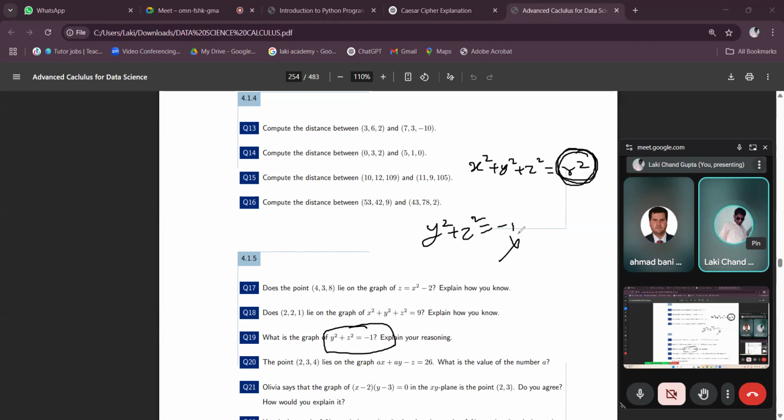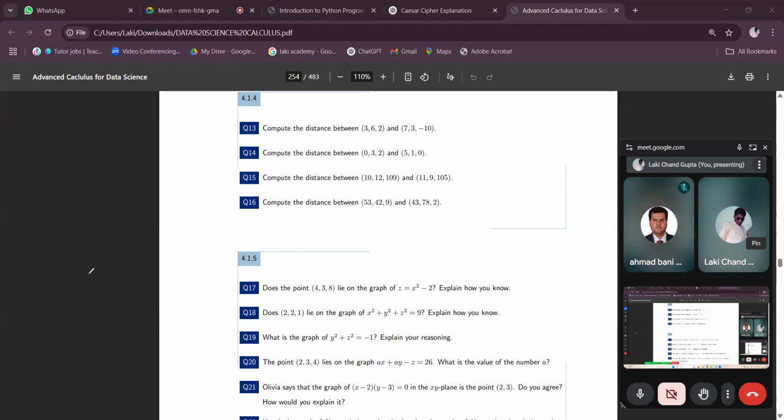This is not a square of any natural number or any integer, so this is not a graph. It must be positive, because we have squares. Whatever you put as the value of y or z, you will get a positive value, because the square of anything is positive, which never gives -1.